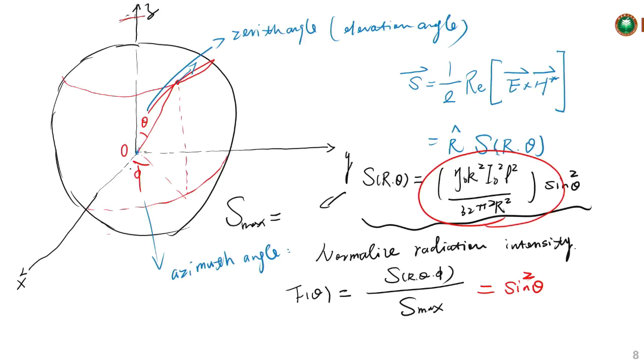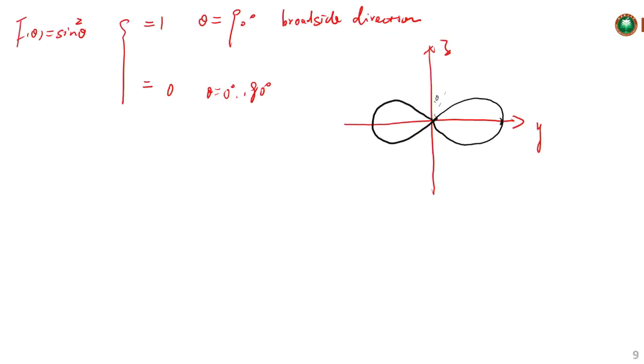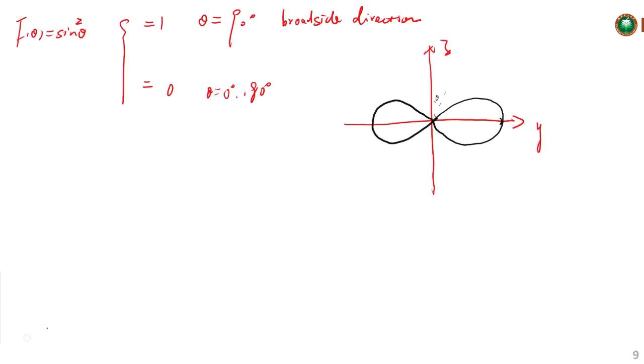If we take the x or y plane as an example, that means theta equals 90 degree always, so f theta always equals 1.